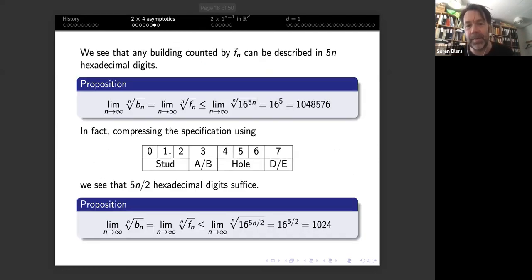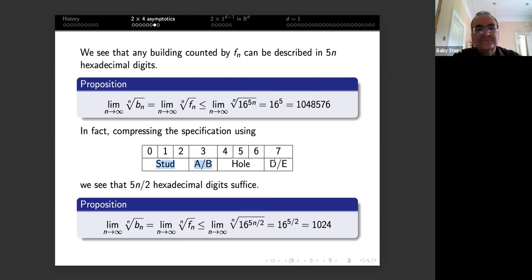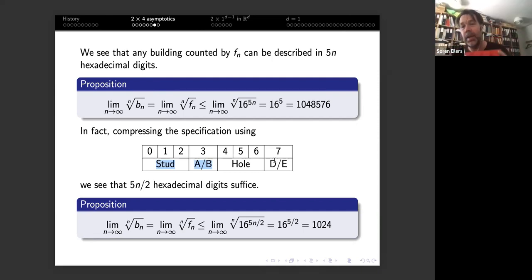So the claim is that if I take all this information, I can compress it into less space. So what I can do is, instead of using 5, I can get by with 2.5. And the way is, I only have 8 of these, right? So to specify which one I'm putting, I just need 3 bits for that.